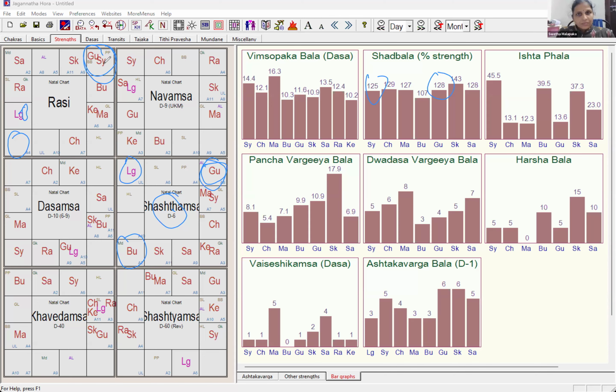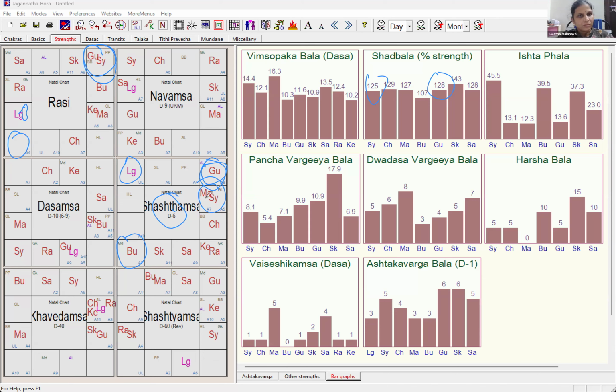Surya, if you take, he is in 6th house, and here also Surya is in 5th house. It is 5th, you see here. But he is in company of Mangala. That's not bad. He is in Chandra's house. That is also not bad. So Surya, who was in a comparatively bad state here, who is powerful in Shadbala, is not so badly placed in D6.